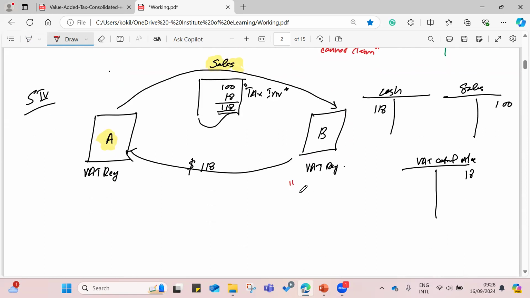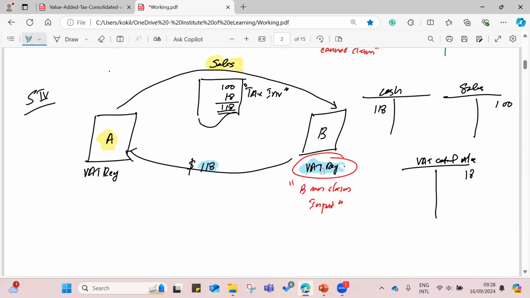In the final scenario, B can claim input because B is registered for VAT. Since B is registered for VAT, whatever the amount, they can claim as input.